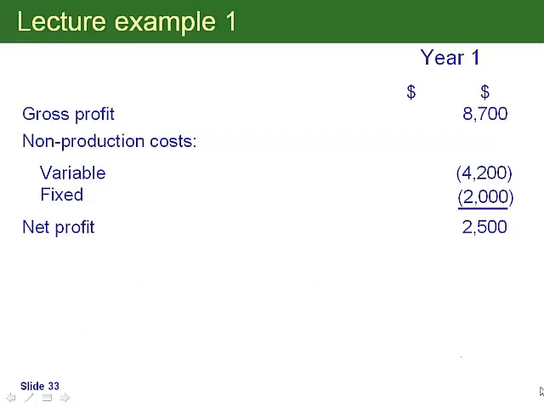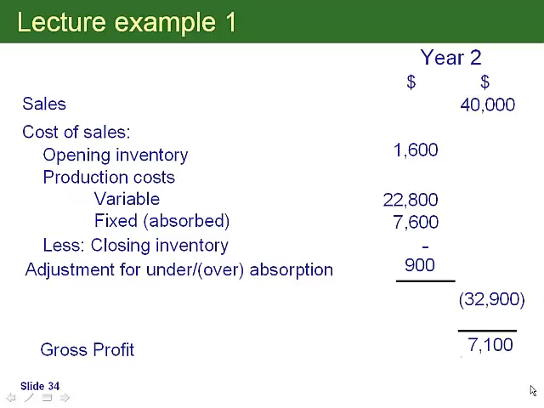So having completed that for year one, we need to do exactly the same thing for year two. So using those same principles, you should have come up with gross profit of 7,100. Now here, your closing inventory from year one becomes your opening inventory for year two. And in terms of that under or over absorption, well, this time we absorbed 7,600.